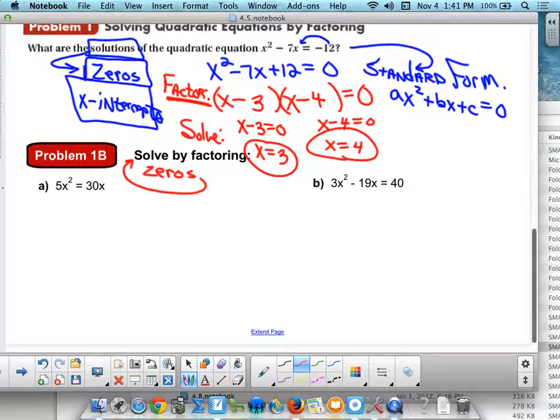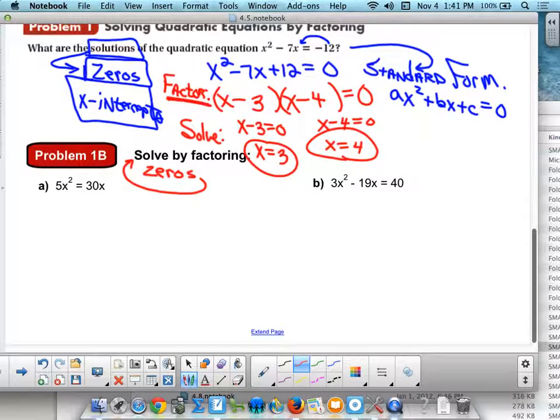Standard form first, factor second, pull out the zeros third. Okay? If you got it, I'll just take a peek at it. I'll say yes or no. It is set up right now.